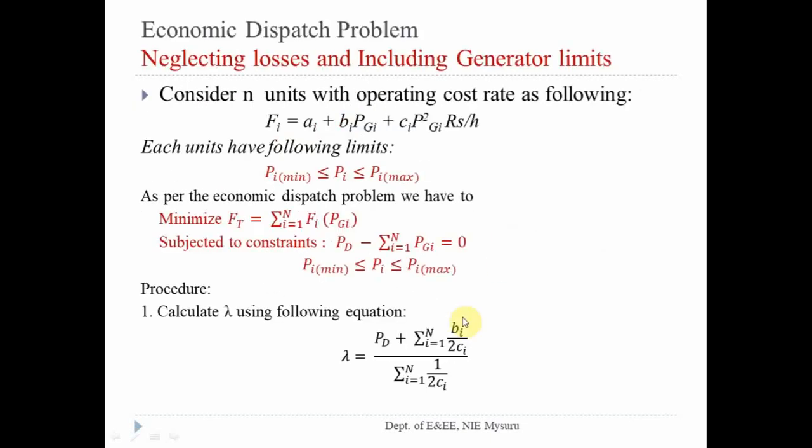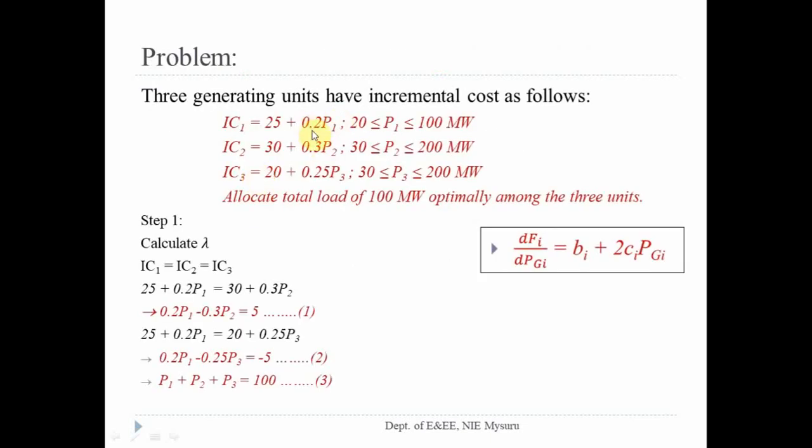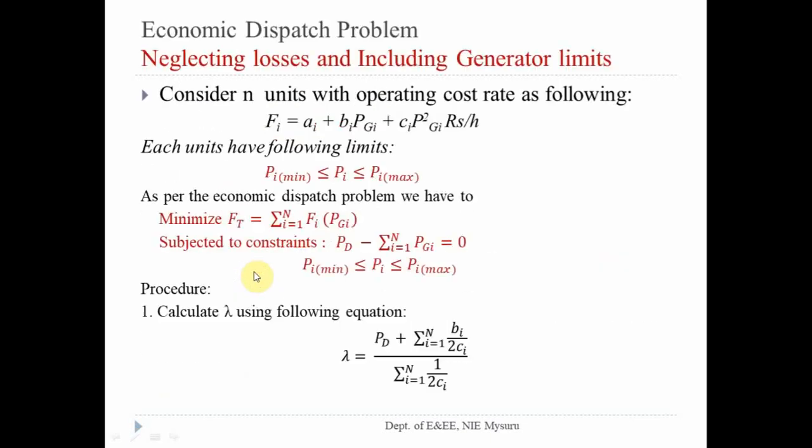So if you are using this expression, you should not take 2 into 0.2, because 0.2 already includes the multiplication by 2. So directly you take 25 divided by 0.2. That has to be kept in mind when we are taking this lambda expression. Clear? That is the only difference here. The rest of the part will remain the same.